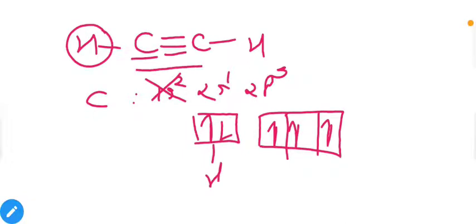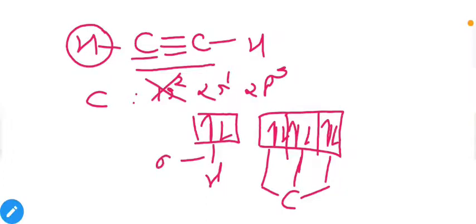And with the second carbon it contains a triple bond, something like this. All of these 3 bonds will be connected with carbon. Okay, so as mentioned earlier, the second carbon will share 3 electrons to complete the electron pairs. So we have one sigma bond with hydrogen, one sigma bond with carbon, and the 2 other bonds are pi bonds. As mentioned earlier, the first bond in a triple bond will be sigma and the later 2 bonds will be pi bonds.